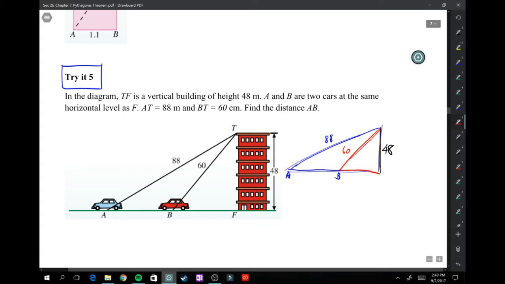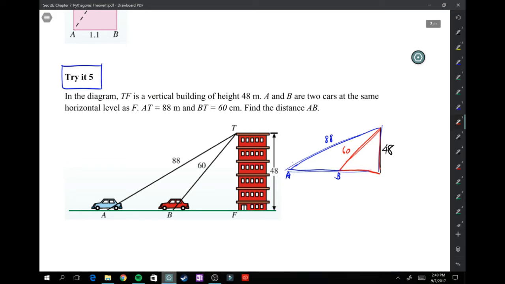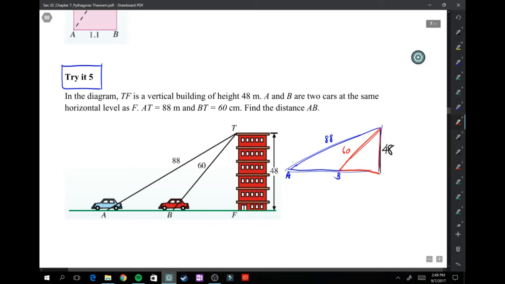What we can do is use Pythagoras theorem to find the length AF. AF belongs to blue. AF minus BF equals AB. This is exactly the final step that you are looking at.